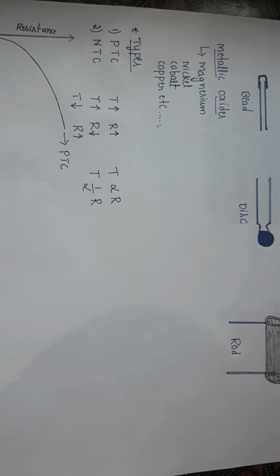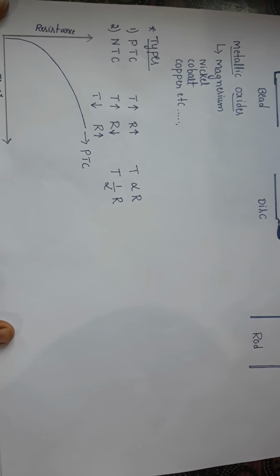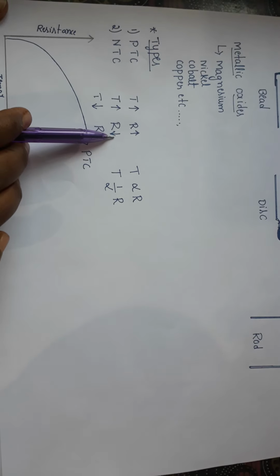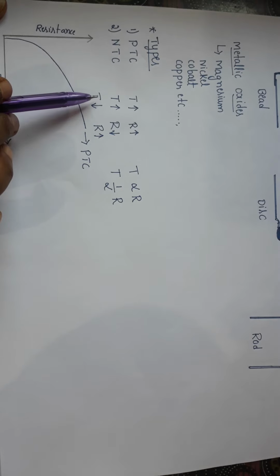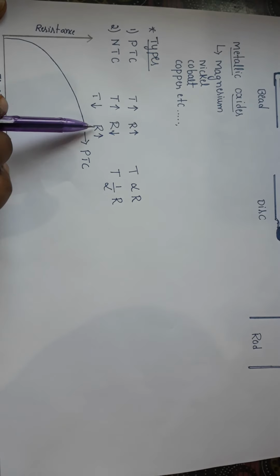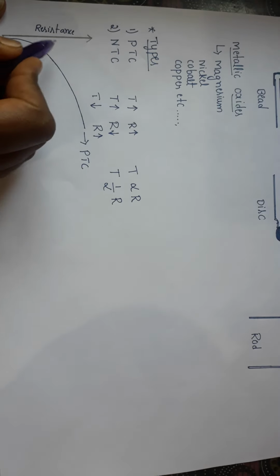Okay, next, how does this NTC graph appear? It means the resistance decreases as the temperature increases, or as the temperature decreases, the resistance increases. See here, the resistance of a material decreases as there is an increase in temperature.